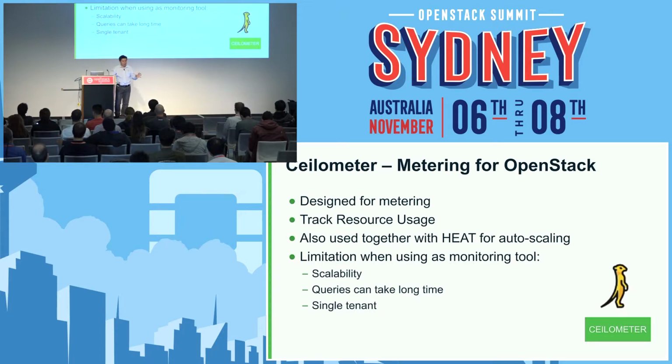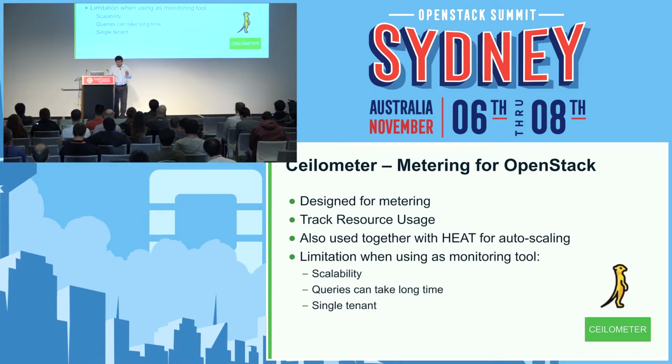Some people may also think about adding alert notification with the Aodh module from OpenStack, another module in the OpenStack tenant. So they try to use Ceilometer to do all the monitoring from there. But there are some reports finding that there are some limitations in using it as a monitoring tool.